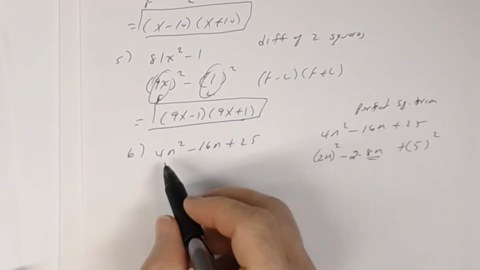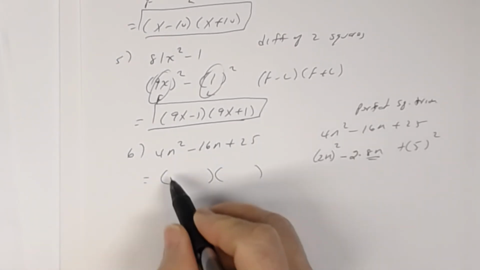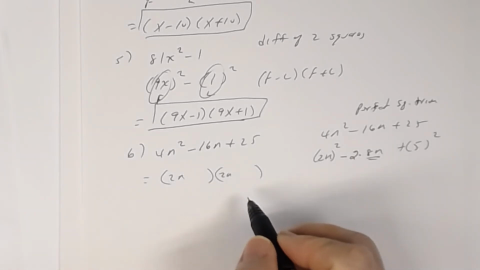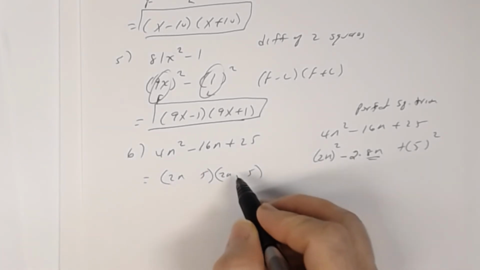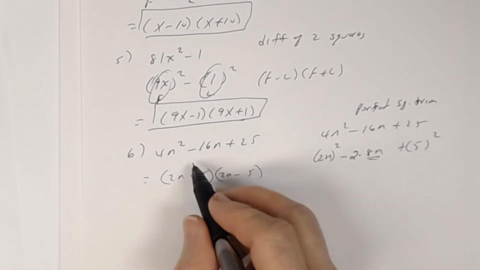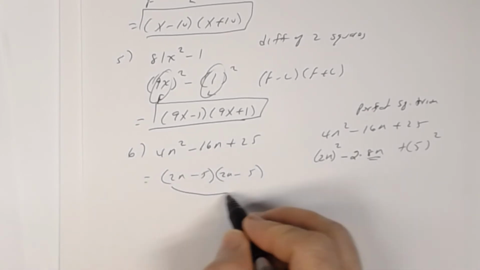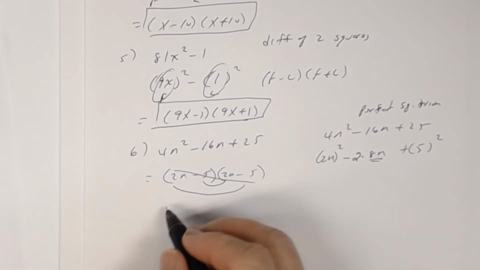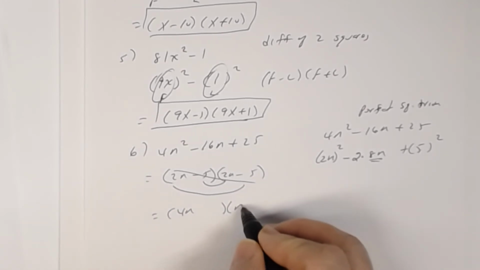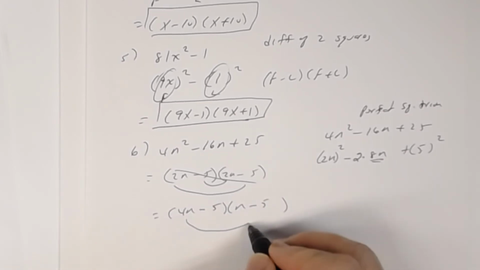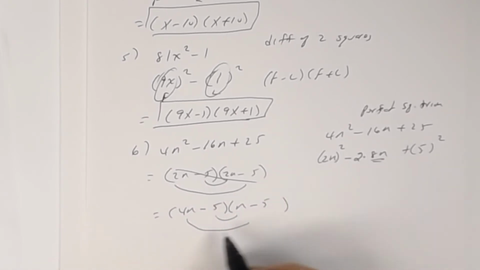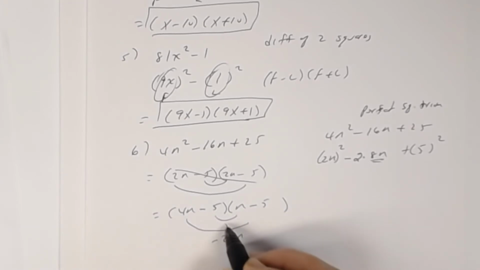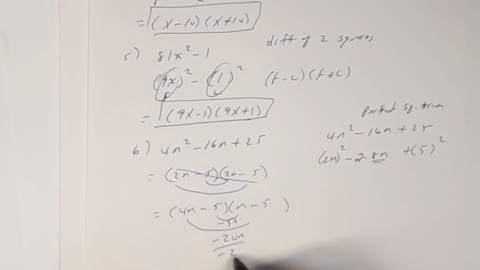In fact, if you try factoring this, let's say 2n, just using regular FOIL method, and then 5, and then minus, because the last sign's positive, so you know these signs have to be the same. Notice that when you do the outer and the inner, there's no way you can get negative 16n. So that didn't work. And even if you tried 4n and n, and then subtract, and then 5, you'll notice that doesn't work either, because that's a negative 20n and a negative 5n, you get a negative 25n.